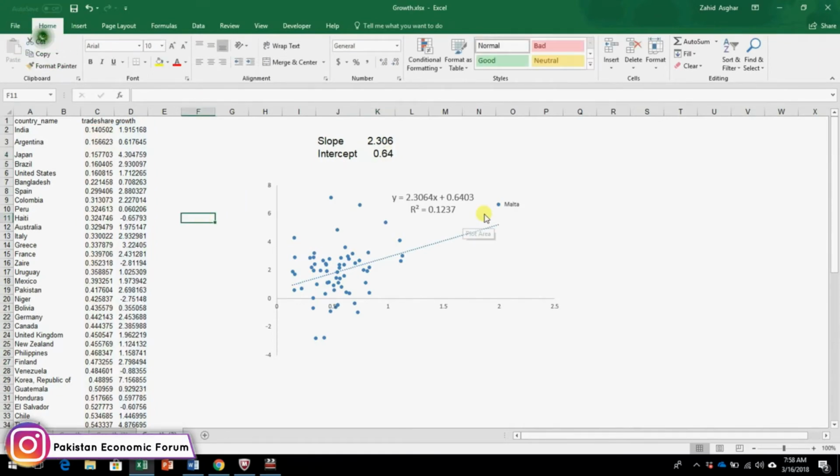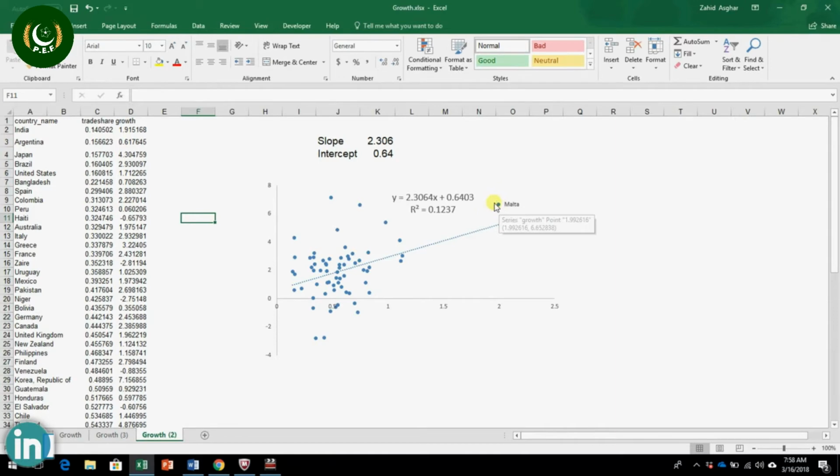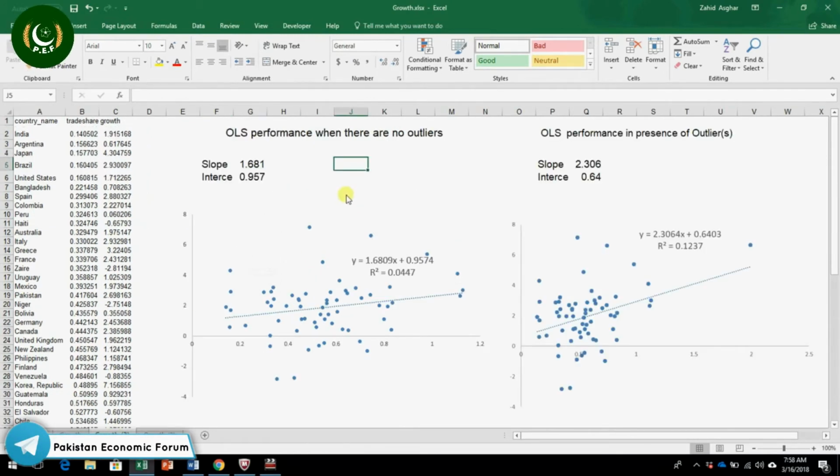But you see we have a slightly unusual value here, Malta, and if we remove this value, what happens to this equation? We take it in another sheet, and here I have deleted the value for Malta.